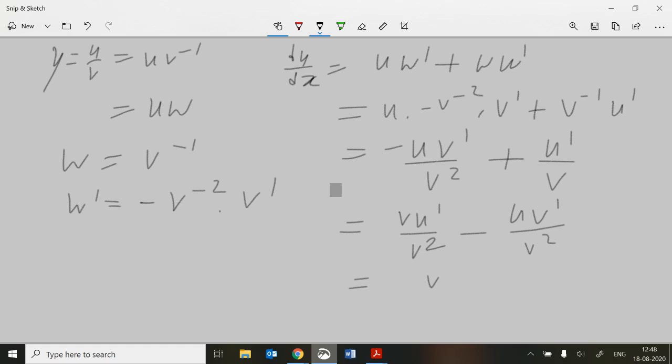Now we can combine those things. So starting with the v's, v squared on the bottom, u dash there, and minus u v dash there. Okay, so there we go. That's proved by using both the chain rule and the product rule, and we proved both of those things before, and so now we've proved it reliant on those two previous rules.